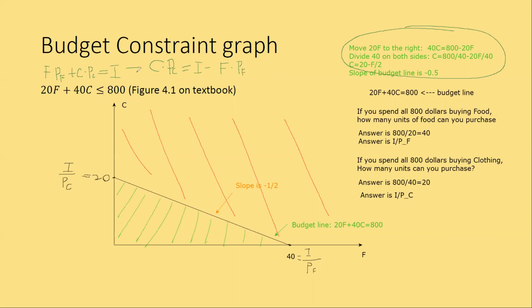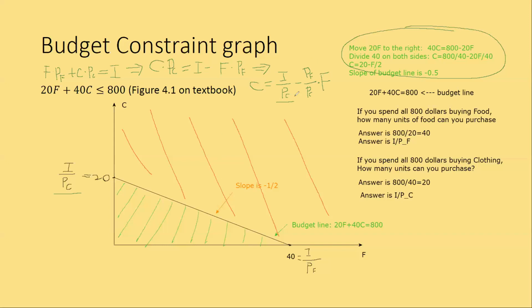We then divide both sides by PC. What we get is C equals I divided by PC minus PF divided by PC times F. So this is the equation we get. We can see that I divided by PC is exactly our intercept over here. And it's the same as our intuition that this intercept tells us how many units of clothing we can purchase if we spend all our income buying clothing.